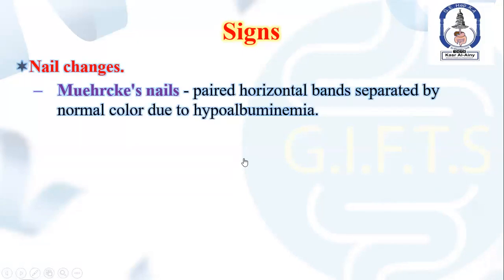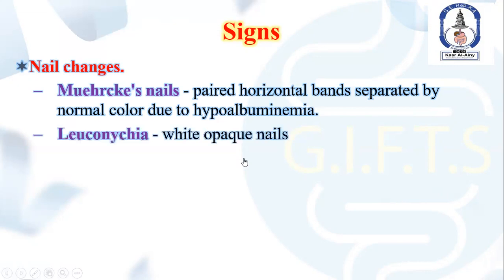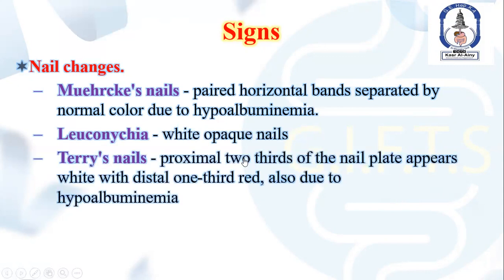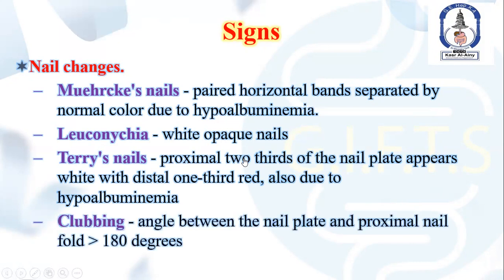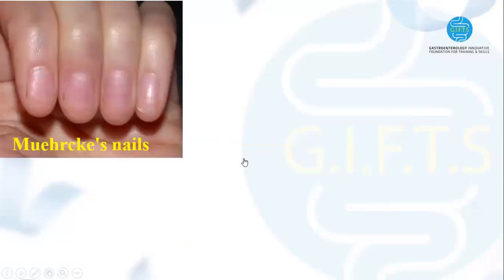Something called Muehrcke's nails, which are paired horizontal bands separated by normal color due to hypoalbuminemia; leukonychia, which is white opaque nails; Terry's nails, where the proximal two-thirds of the nail plate appears white and the distal one-third is red or dark brown; and of course clubbing, where the angle between the nail plate and the proximal nail fold will be more than 180 degrees.